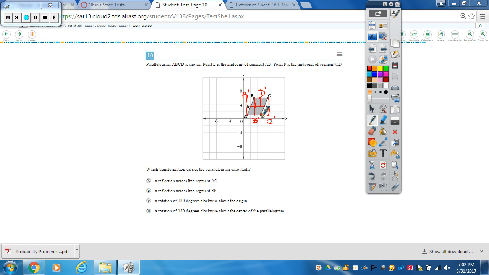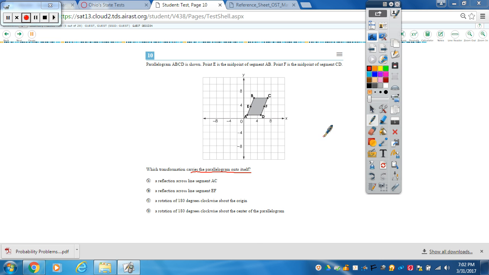So the new parallelogram across that line would look like that. So as a result, it does not carry onto itself, meaning it does not become the same exact figure. When you read 'carries onto itself,' it's got to be the same exact figure. Letter C, a rotation of the figure 180 degrees clockwise about the origin.